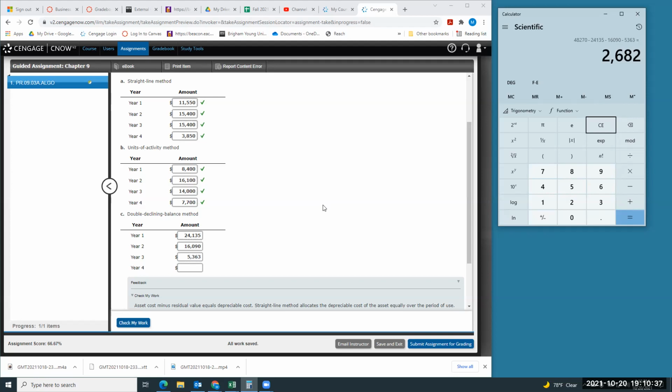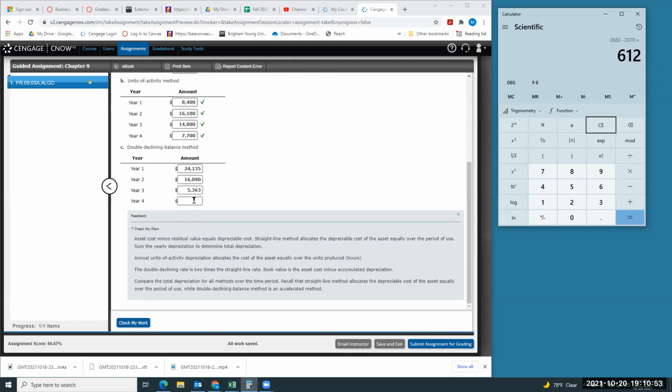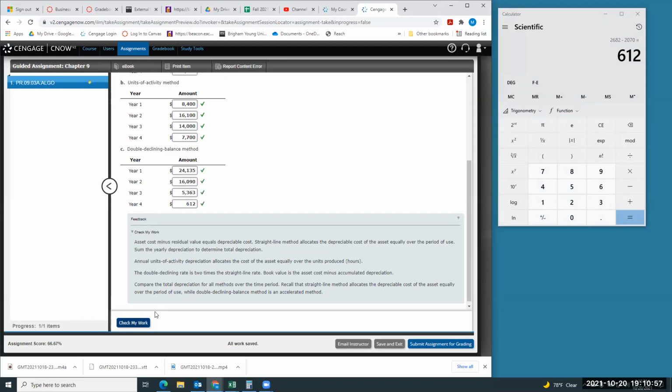And I'll see that my book value at the beginning of year 4 was $2,682. I want to be left with 2,070. So I'm just going to subtract 2,070 from that. And that will tell me the amount I need to depreciate in this fourth year to leave us with $2,070. I'll check my work.